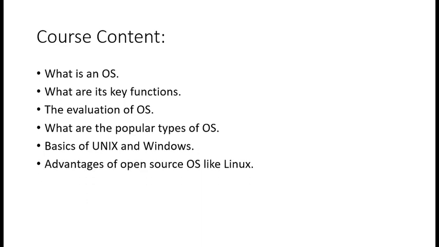Now the advantages of the open source OS I will discuss here, and then the network operating system will be discussed. So first of all, what is operating system? You know that operating system is a system software that interacts between the computer user and the computer hardware.